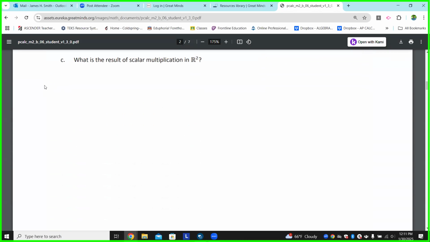All right. What is the result of a scalar multiplication of R2? What would I use as a scalar multiplication for a 2 by 2? We talked about it in the opening exercise. Just K. Very good. So a K would be our scalar multiple. That's all we're going to write there.